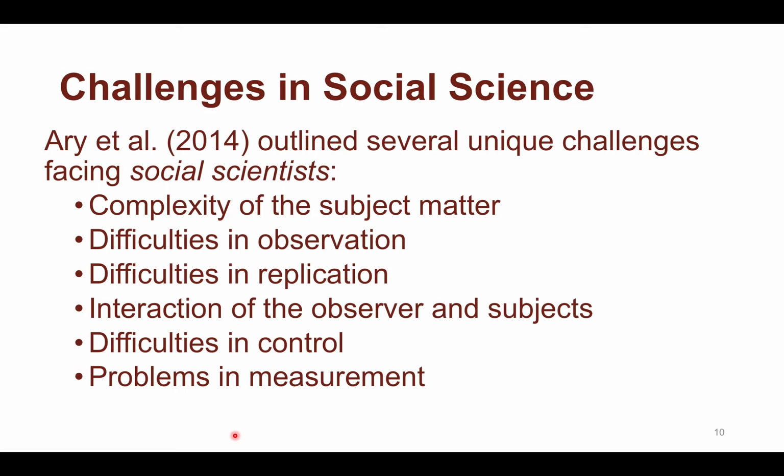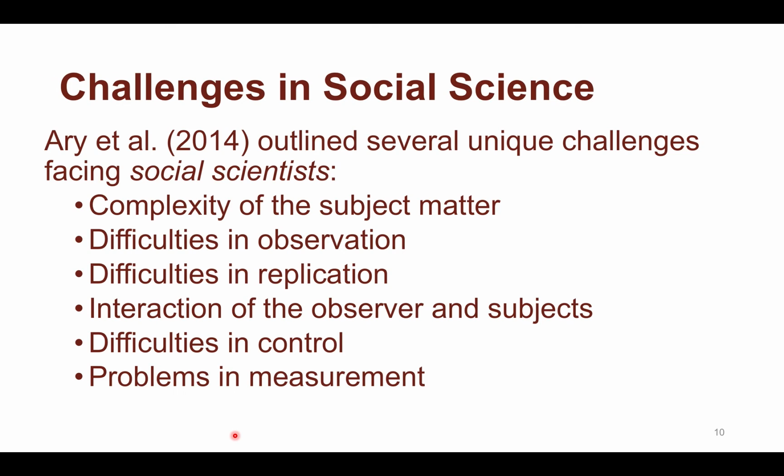Difficulties in control. Just as an example, if you have people coming in to participate in your study, it's not always possible to tell them exactly what to eat that day, and things like that could affect their outcomes. So things like diet, hydration, physical activity, other behaviors, smoking, etc. Sometimes you can tell them to do something or not do something, but that doesn't mean that they'll listen to you.